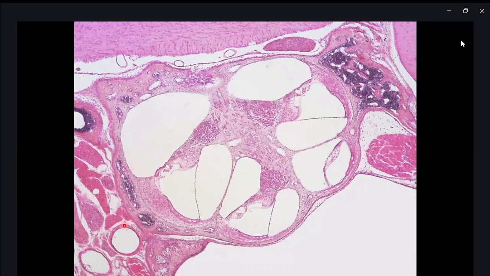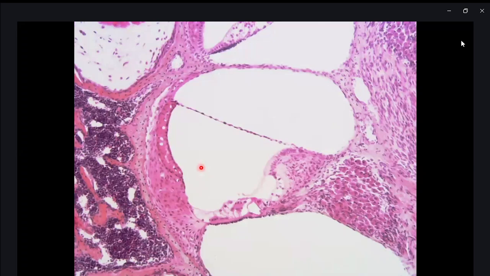We have bone, and we also have the membranes. So bone and membranes, that's why we call membranous and also osseous labyrinth. We'll be able to look at a better power.